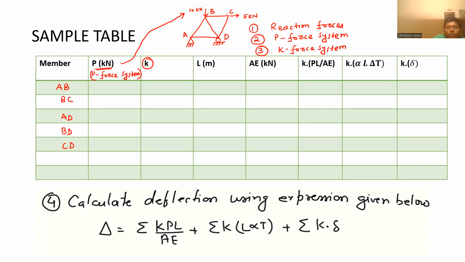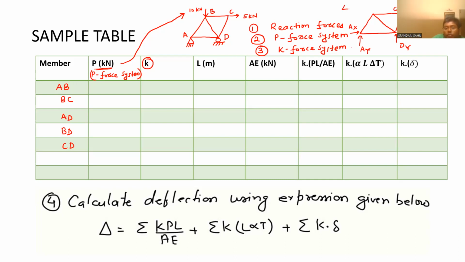Suppose we need to calculate the vertical displacement of joint C. So we have to redraw, and now we know all those reaction forces. Let these be dy, ay, and ax. Remove all those external loads and place a unit virtual load in the direction in which you want to calculate the displacement.